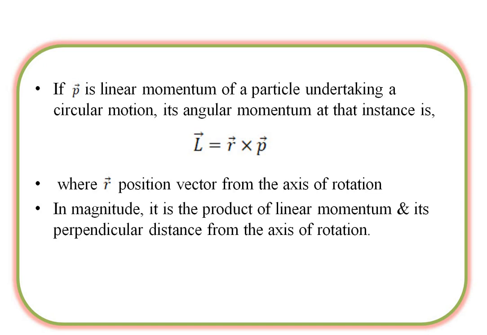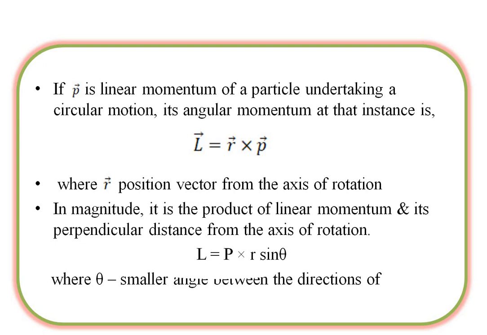In terms of magnitude, it is the product of linear momentum and its perpendicular distance from the axis of rotation. So in terms of magnitude, this relation can be written as L is equal to P into R into sine theta, where theta is the smaller angle between the directions of P vector and R vector.